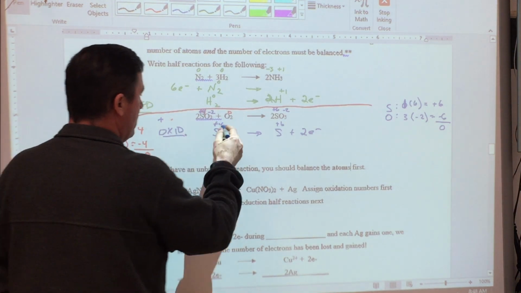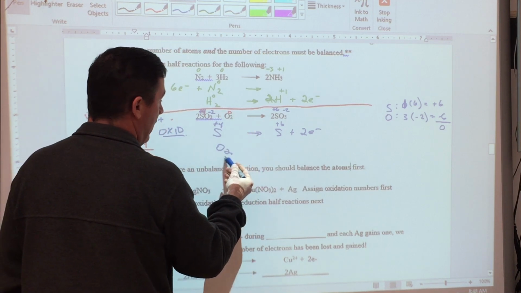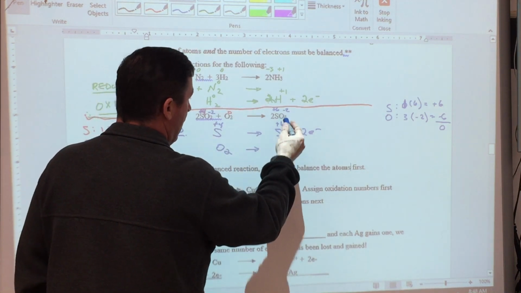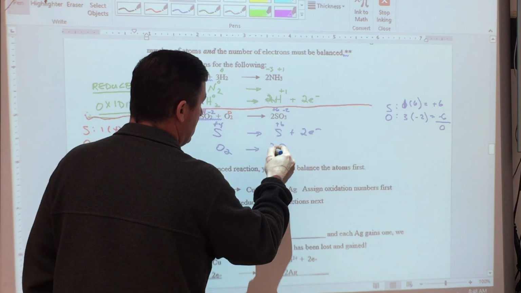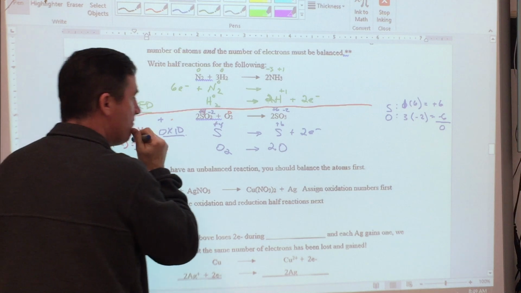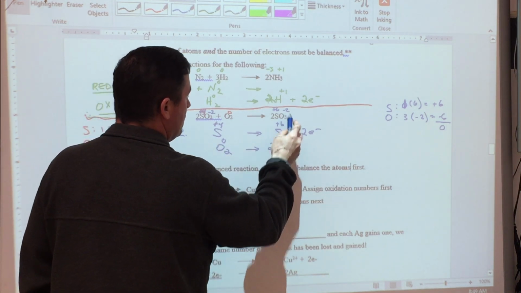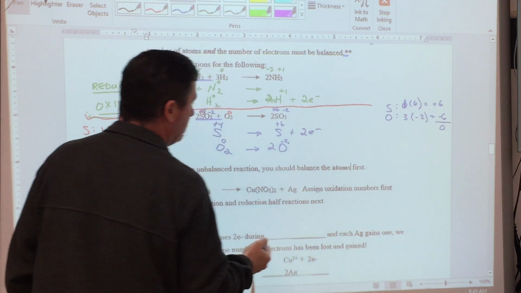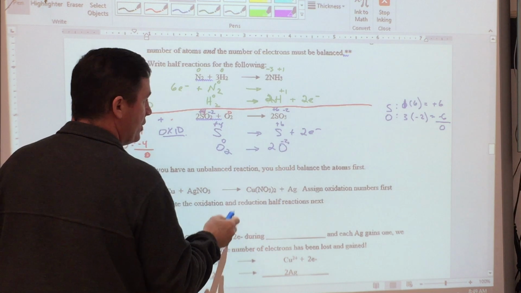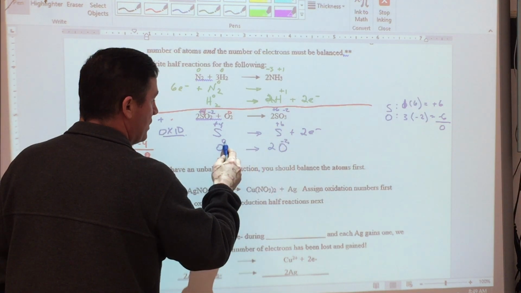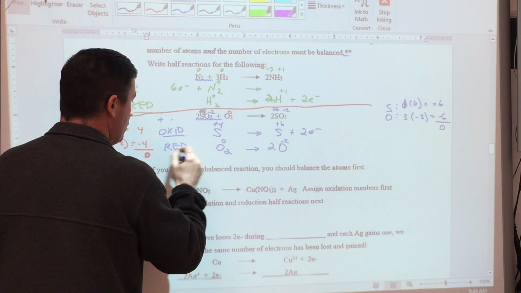So what do we have down here? O2. Now remember, this is a diatomic atom, so I'm going to leave the 2. I've got oxygen here. I'm going to take that 2 and bring it here, just like I did up there. This is 0, and this is negative 2. So 0 to negative 2, the oxidation number has reduced, it has gone down. So this is the reduction half.